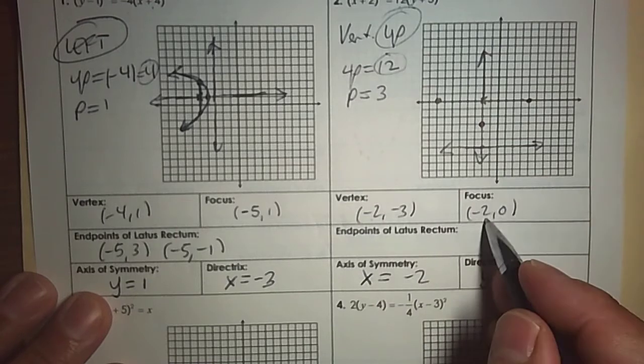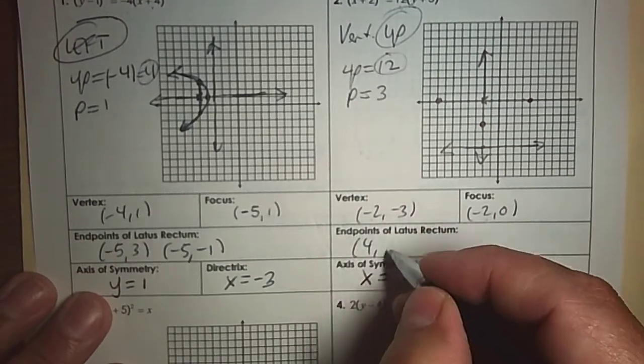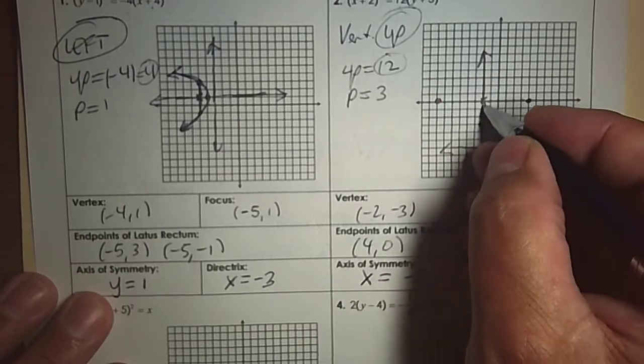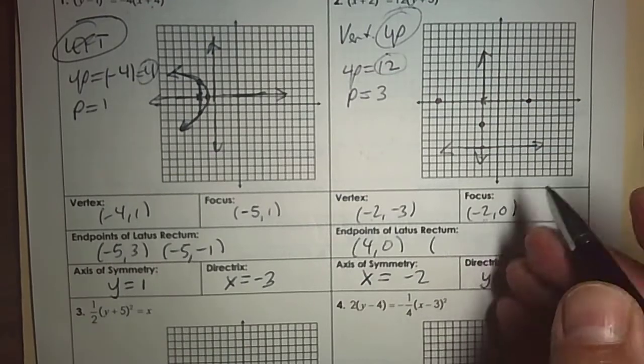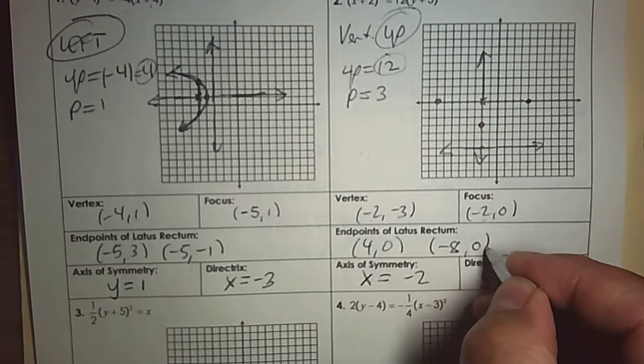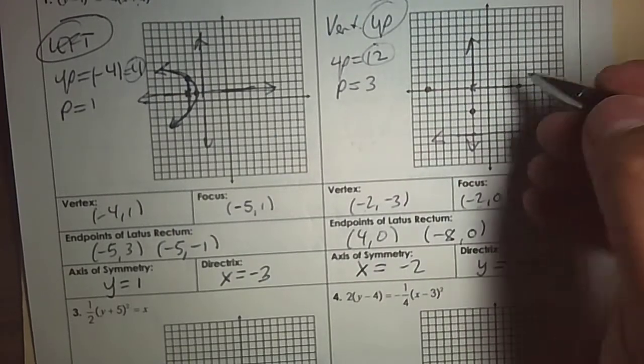Notice that's from the focus. So from the focus, 6 to the right. That's 4, 0. And then 6 to the left. So that's -2, subtract 6, that's -8, 0. Connect. That's your latus rectum. Now curve through the vertex.